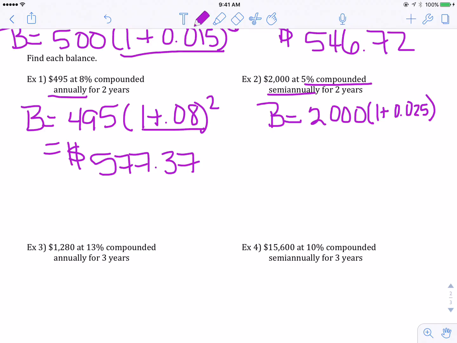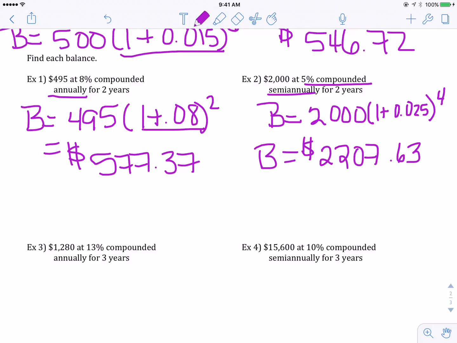Then I'm doing this for 2 years. Well, semi-annually for 2 years, that's twice a year for 2 years, so that gives me to the 4th power here. When I multiply that out, you get the final balance is going to be $2,207.63.